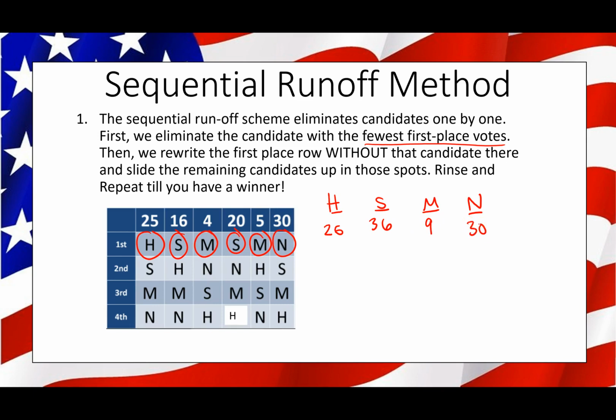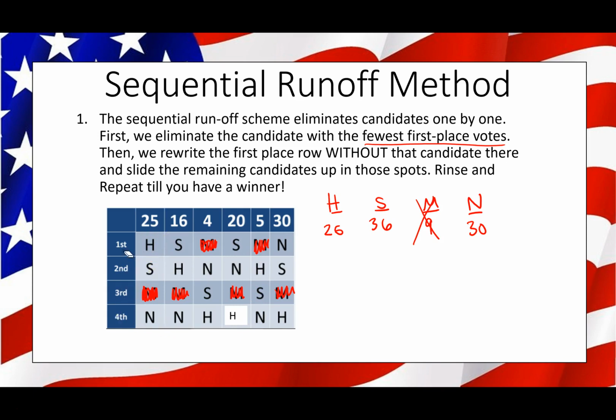So who do we cross off? We cross off M. And this might be a much easier way for you to think about it. We're just basically going to cross it off. That way we're imagining a first place, second place, third place.